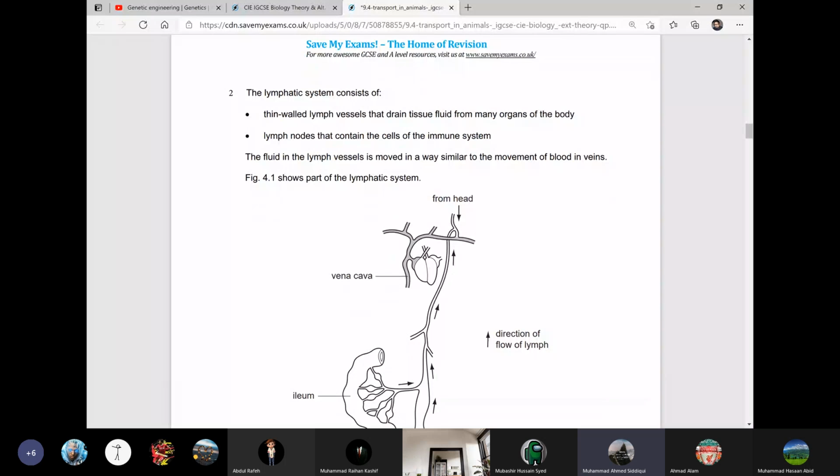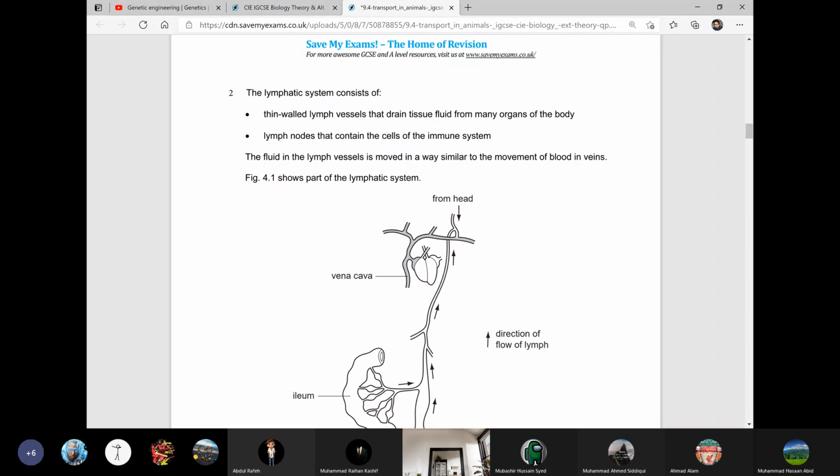Next question. The lymphatic system consists of thin-walled lymph vessels that drain tissue fluid from many organs of the body, then lymph nodes that contain the cells of the immune system. The fluid in the lymph vessels is moved in a way similar to the movement of blood in veins.